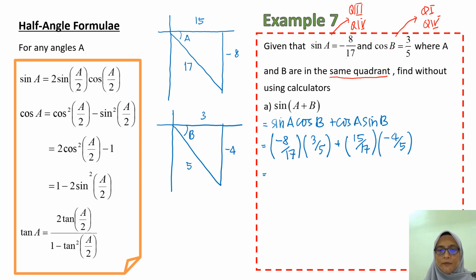So calculate the values, you will get negative 24 over 85 minus 60 over 85. So this one you will get negative 84 over 85.